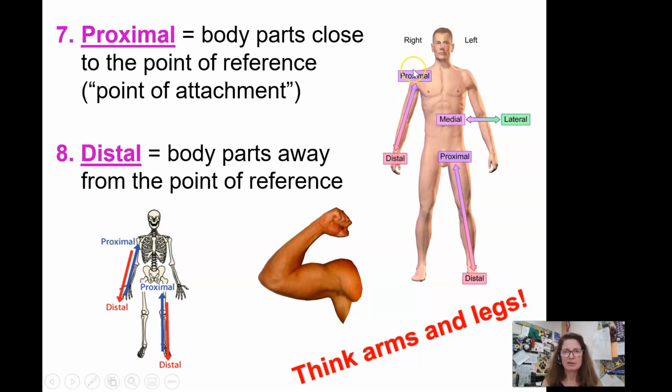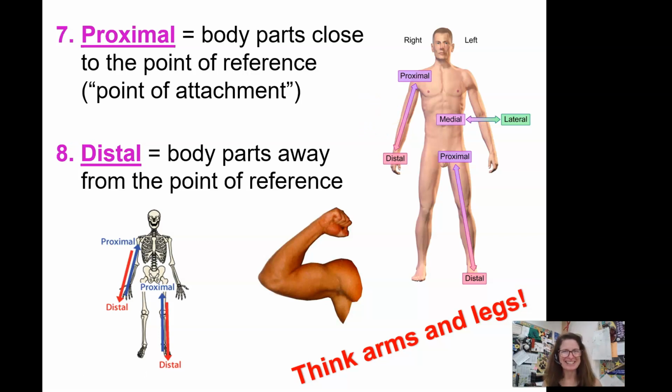If this is the point of attachment, which one is closer, elbow or wrist? Obviously the elbow is closer because the wrist is down here. So therefore your elbow is proximal to your wrist. Your wrist is distal, more distant, to your elbow.